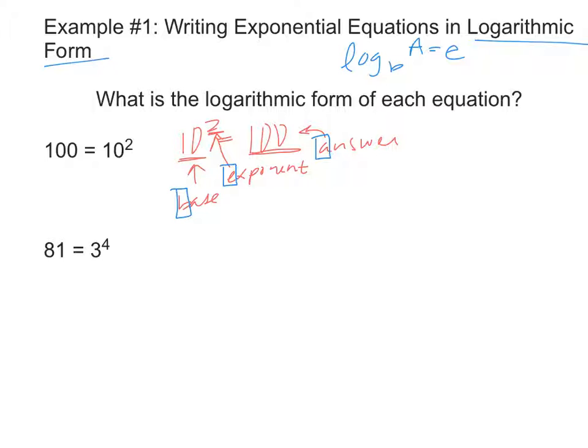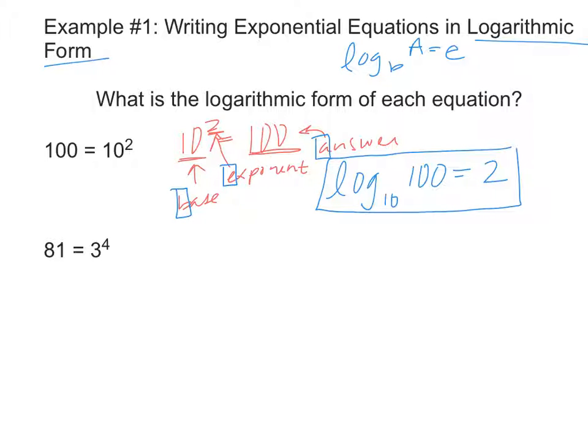Okay, so with that being said, all you need to do is rewrite the B, the E, and the A in the correct spot. So we're going to have log, what's our base? Our base is 10. The answer that we got was 100. And the exponent, right, 10 to what power gave us 100? It was 2. So this is the correct log form.